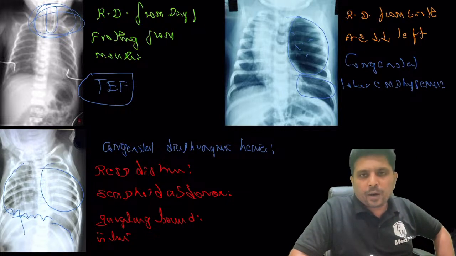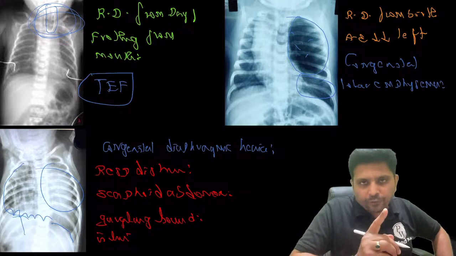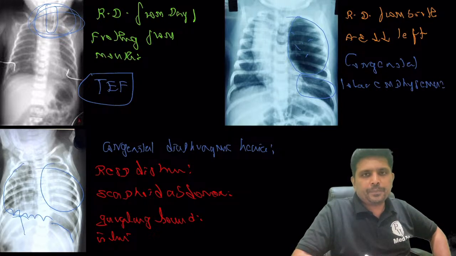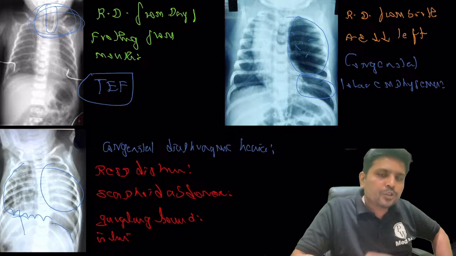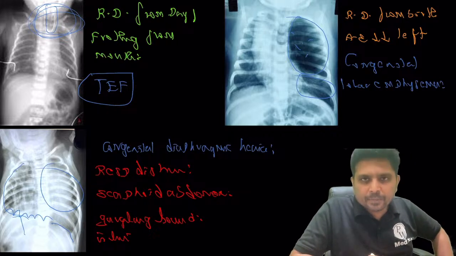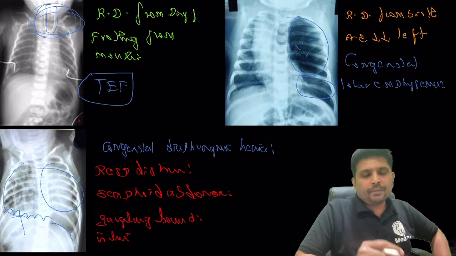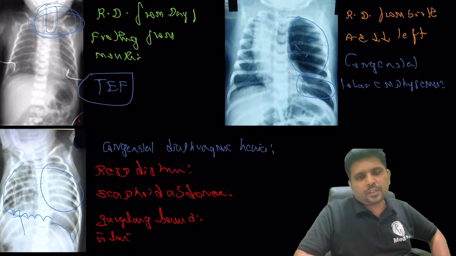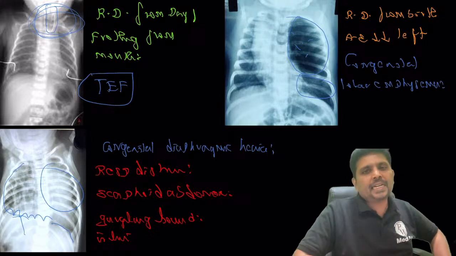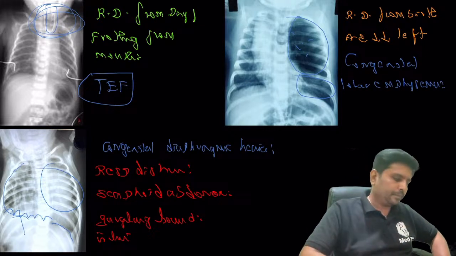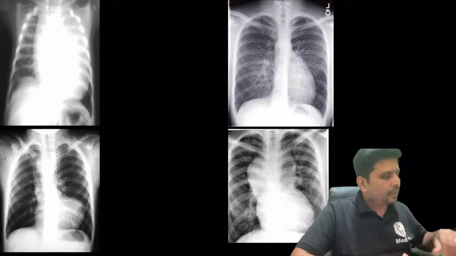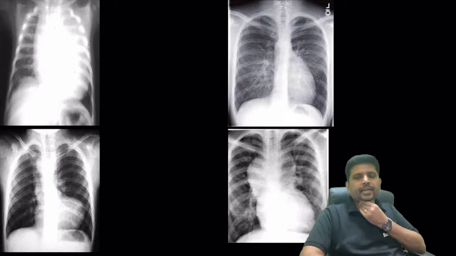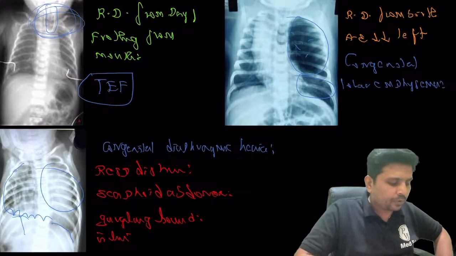So newborn with respiratory distress with frothing, look for coiling of NG tube. With tachypnea and reduced breathing, look for emphysematous left upper lobe. With scaphoid abdomen, respiratory distress and gurgling sounds in the chest, you need to look for congenital diaphragmatic hernia.